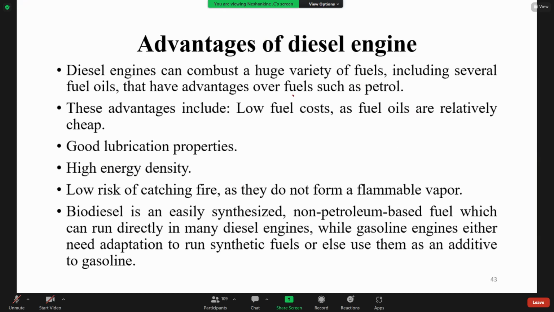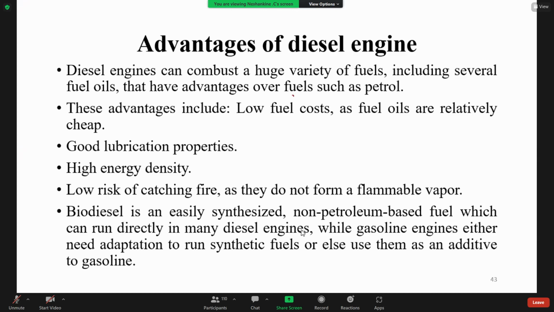Then we will move to advantages of the diesel engine. We can use a huge variety of fuel for this diesel engine. Then low cost compared to petrol. Diesel cost is low, no? So cost effective. Then we can use this one for its lubrication properties.